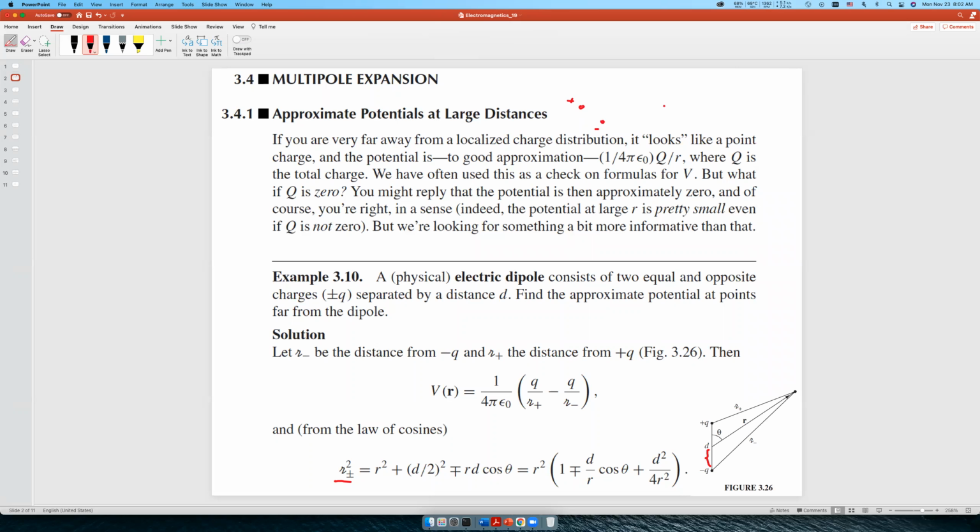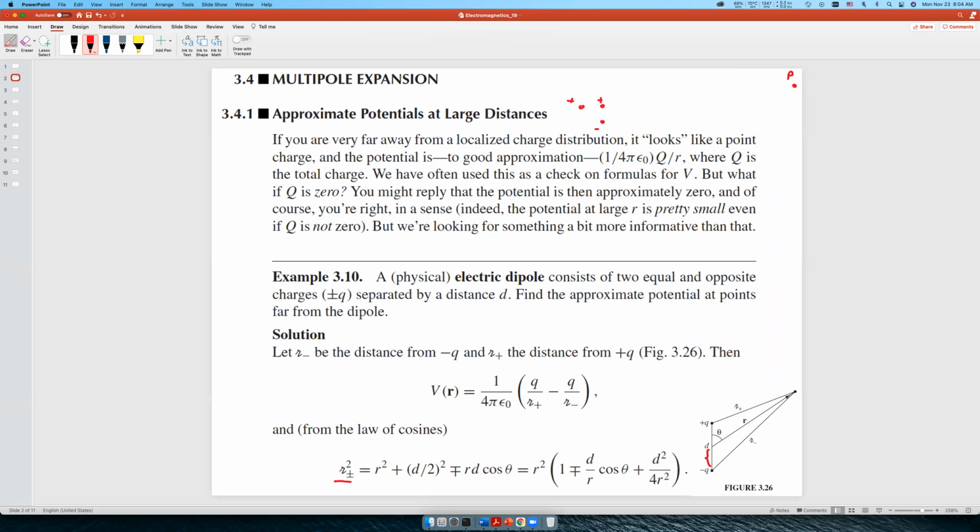But let's say you're standing very far away, which is this point P. When you look at the collection of the charge distributions, if you're far enough, then it looks like a point charge.